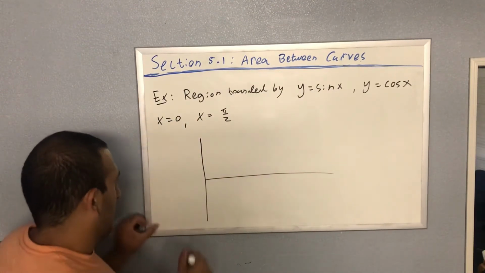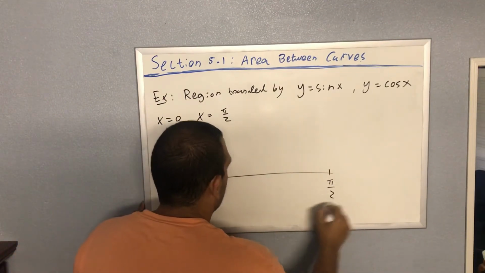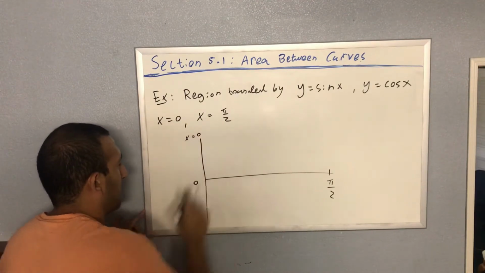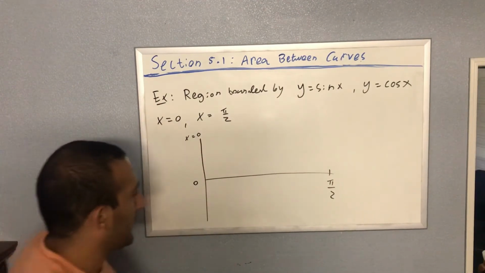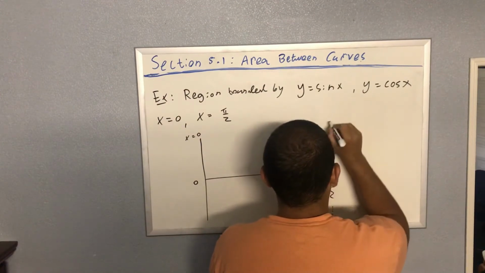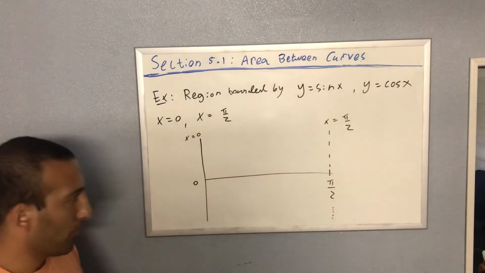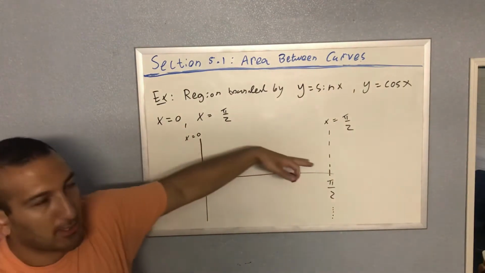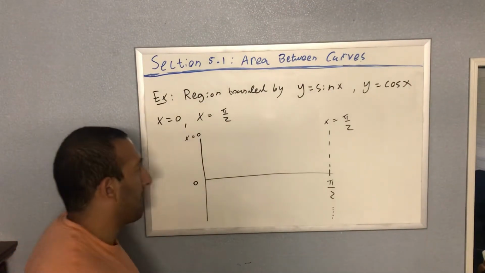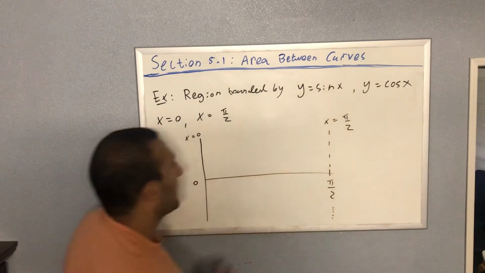So here's 0, and then here we put pi over 2 at the end. x equals 0 is this vertical line, and x equals pi over 2 is this vertical line. Remember, y equals a number is a horizontal line, x equals a number is a vertical line. So these will be our boundaries here.